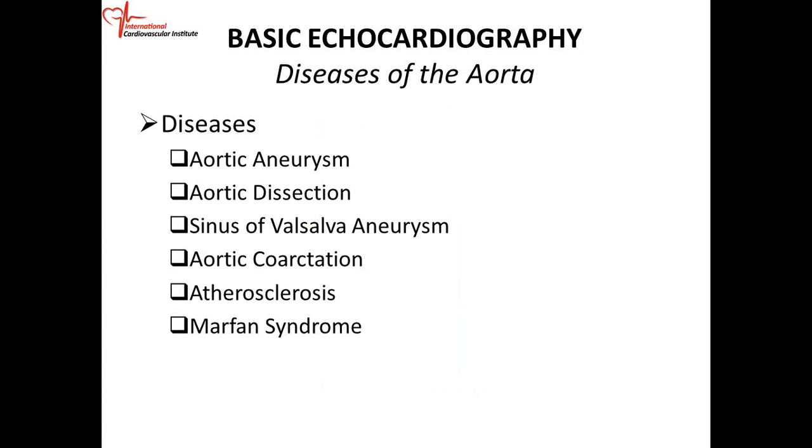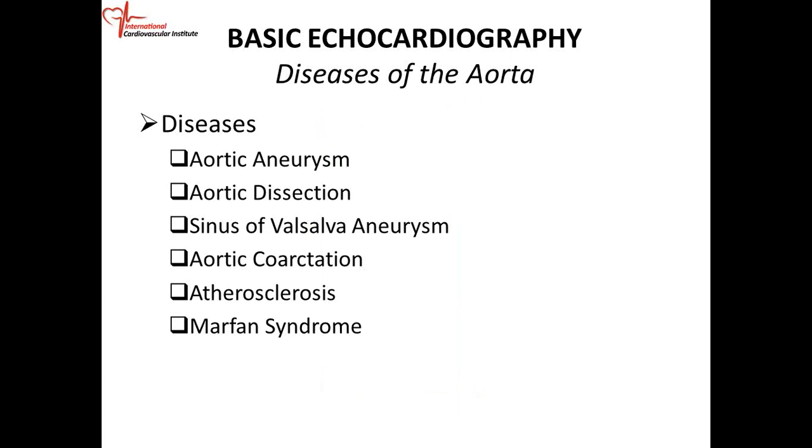And then we talk about atherosclerosis. The aorta is subjected to atherosclerosis. Atherosclerosis is when you have a plaque. Remember that these are plaques inside the blood vessels, cholesterol plaques, okay?